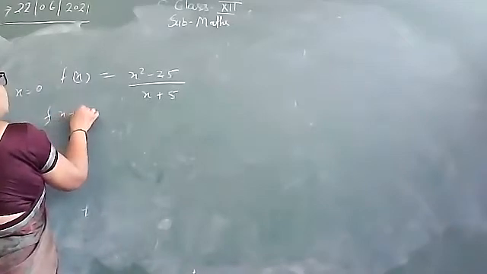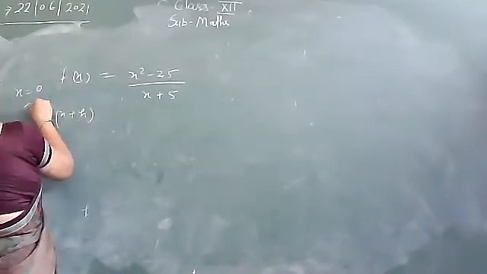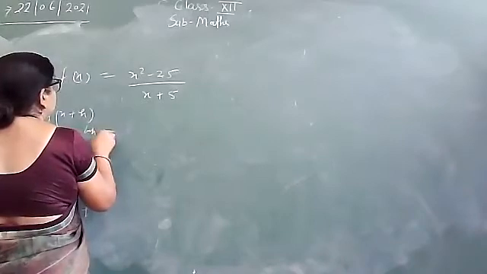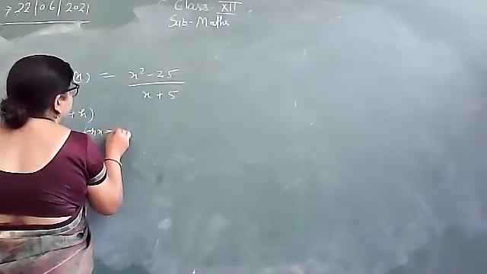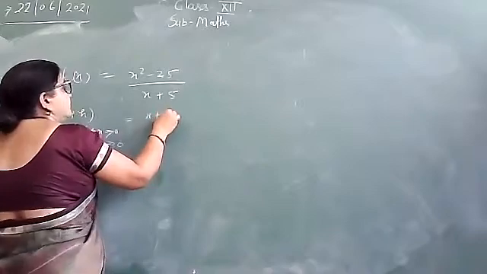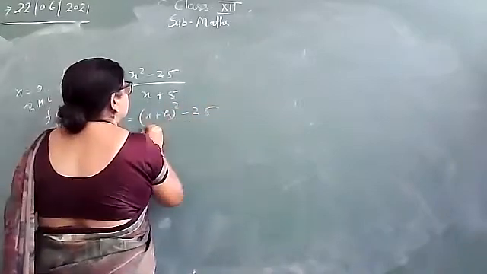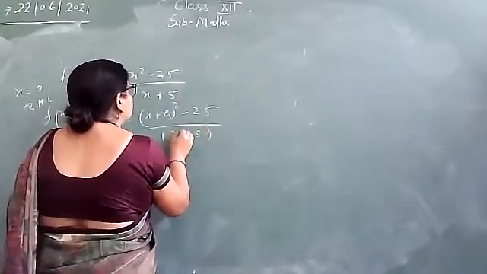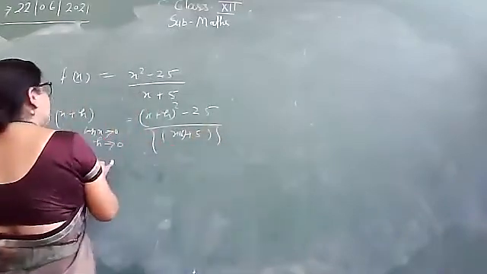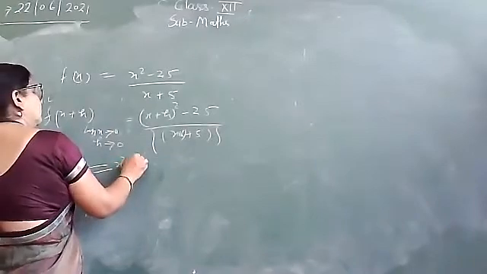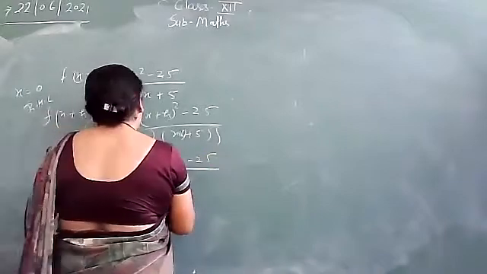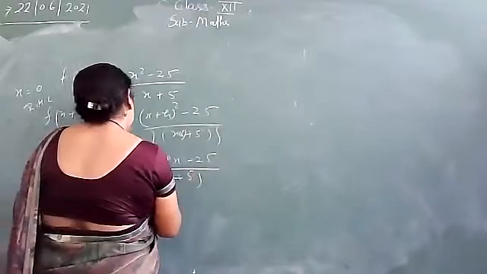f(x plus h), that means this is the RHL. x square minus 25 upon x plus h plus 5.